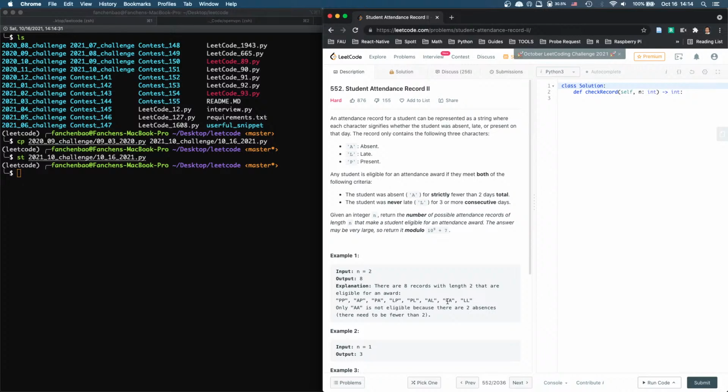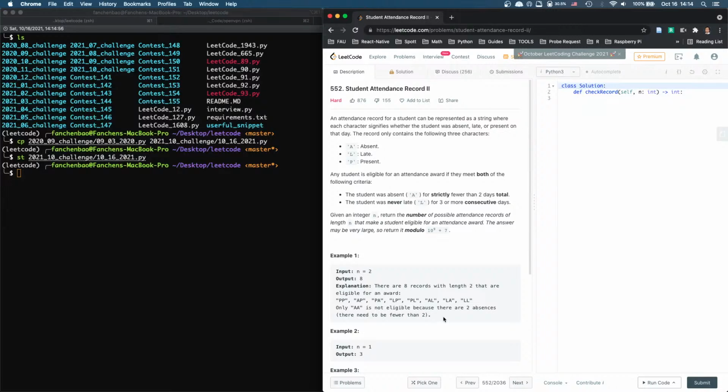So if we do DP, we say we have n, and then we look at the first position. If it's P, then there's no restriction on the remainder. So the maximum will be the remainder. The remainder is whatever; P is fine.